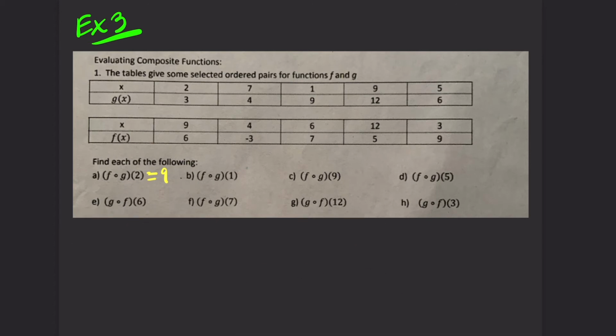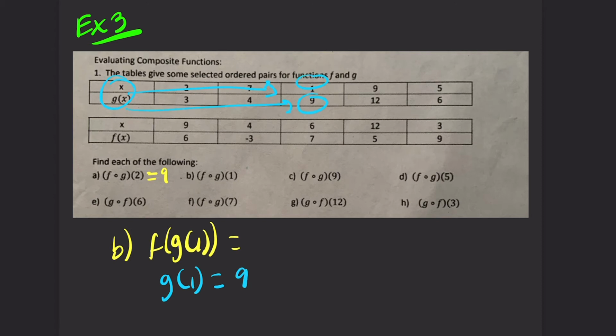Okay, so letter B. F of g of 1. So let's start with the inside, which is g of 1. So we're looking at g of x, so the first table. Whenever x is 1, your y value is 9. So now let's substitute or replace the g of 1 with a 9.